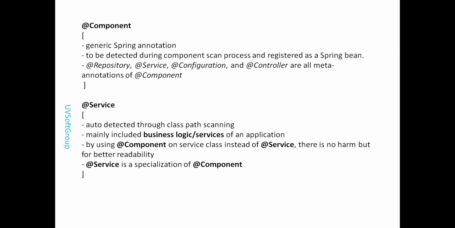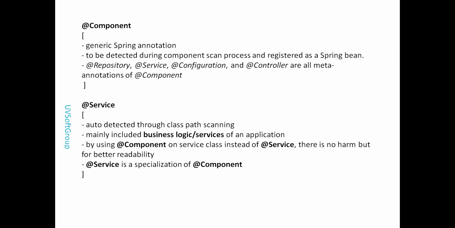This is a class-level annotation, so when you annotate a Java class with it, the class is automatically detected as a Spring Bean. The Repository, Service, Configuration and Controller annotations are meta annotations of Component. So this is the core annotation, or the base annotation, for the other four.